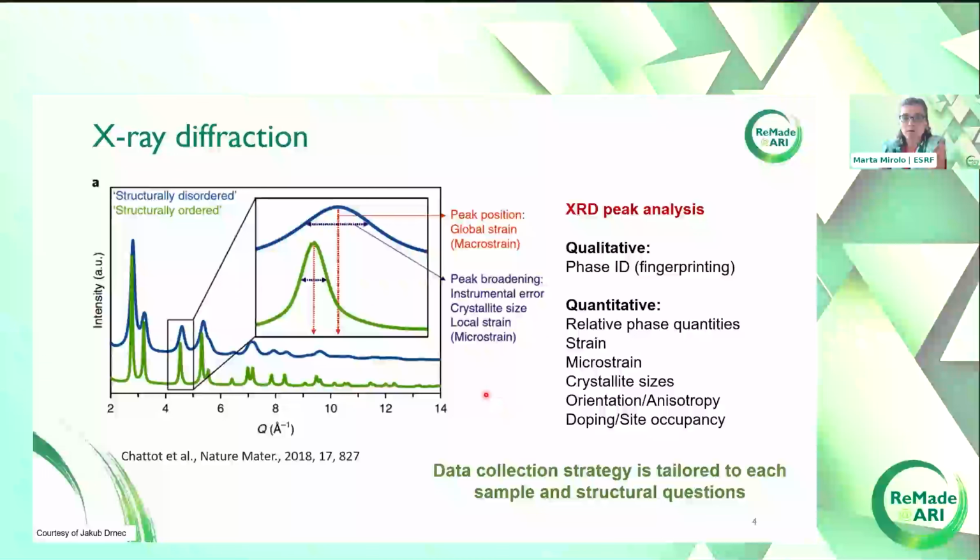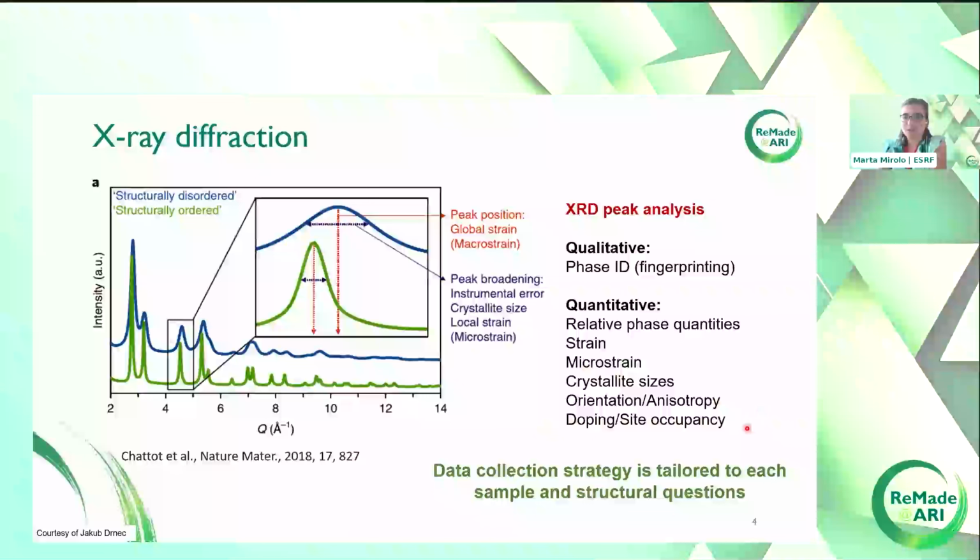In this case, we are looking, for example, at the relative phase quantities. We are looking at strain and microstrain, for example if the structure is distorted because of a reaction occurring or other things that can happen during the measurement. We can look at the crystallite size. We can look at orientation and anisotropy, particularly if we have a 2D detector, which is very common in a synchrotron, a bit less common in a laboratory X-ray diffractometer.